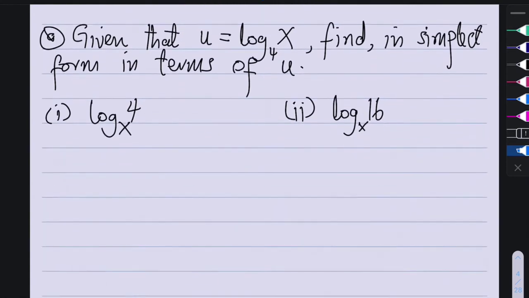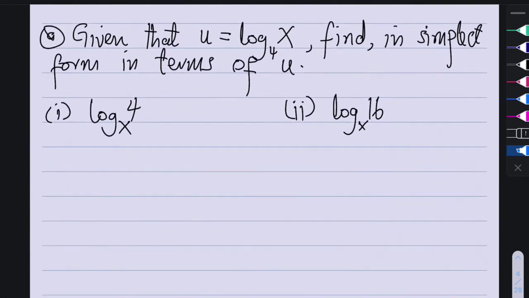Let's consider the first problem that we have for the day. It says that, given that u is equal to log x base 4, find in the simplest form in terms of u.